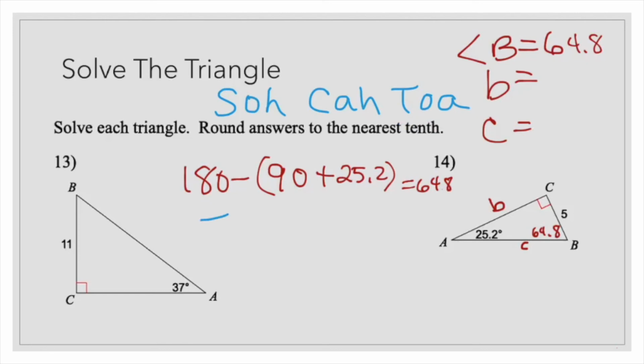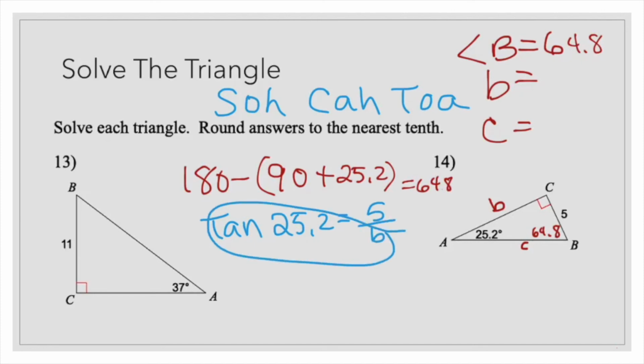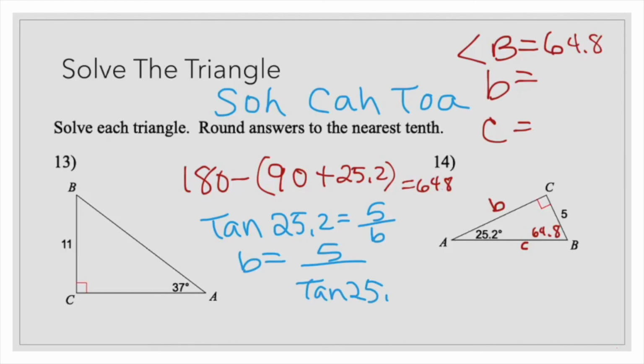So we got tangent 25.2 equals 5, the opposite, over the adjacent, which is B. We're going to flip these two around, and we get B equaling 5 over tangent 25.2. Put that in your calculator and figure out what we got after that.